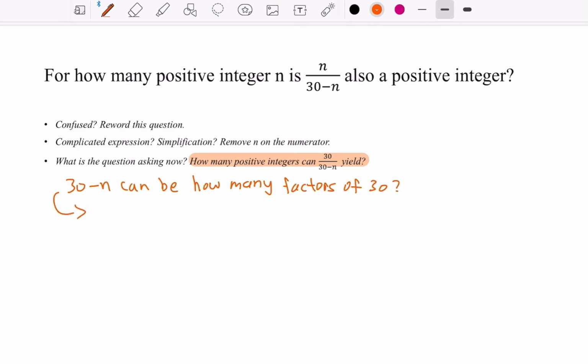So therefore, it will generate a positive integer. Or in this case, to generate positive integers. In other words, if we can find out all the factors of 30, then the entire expression will generate a positive integer.